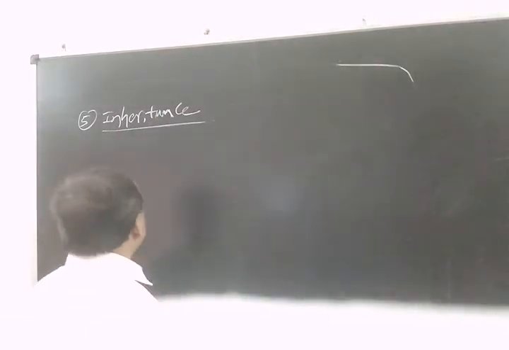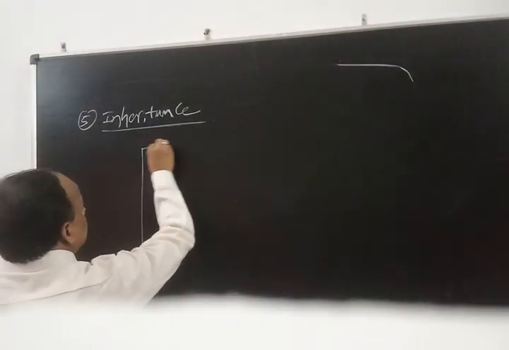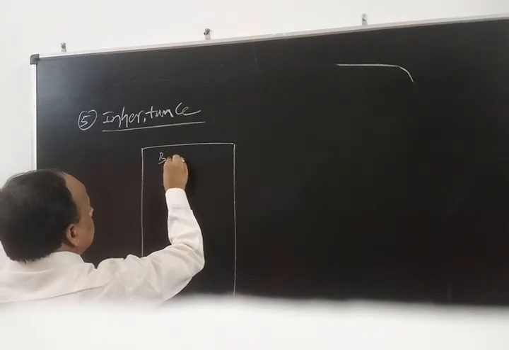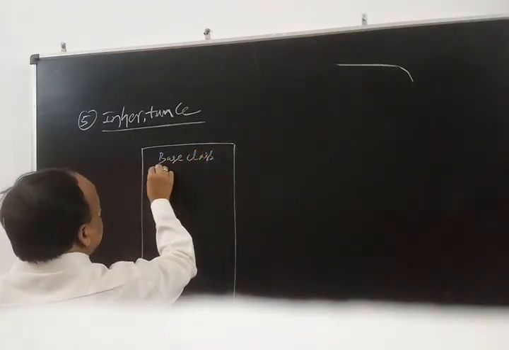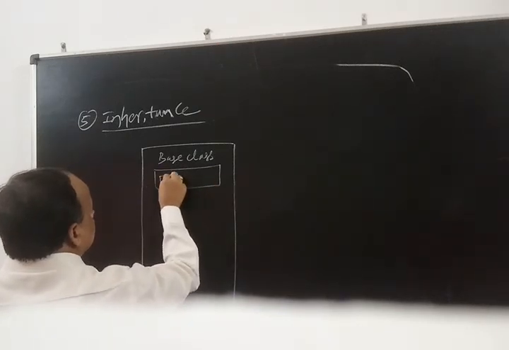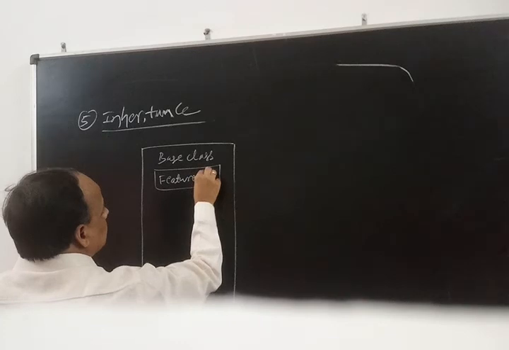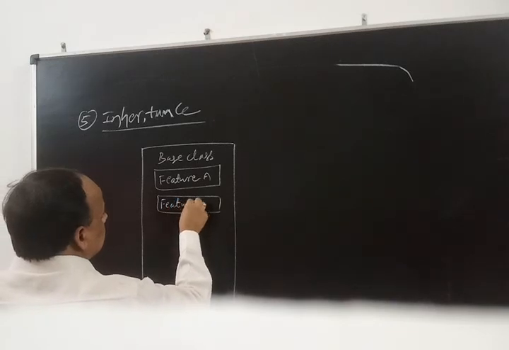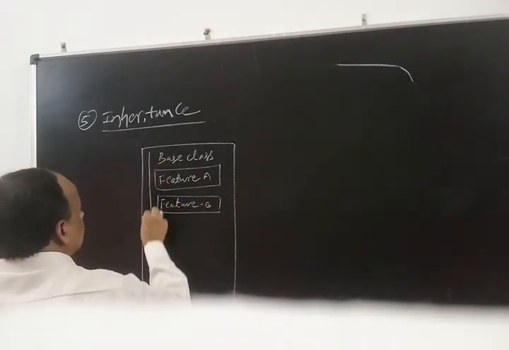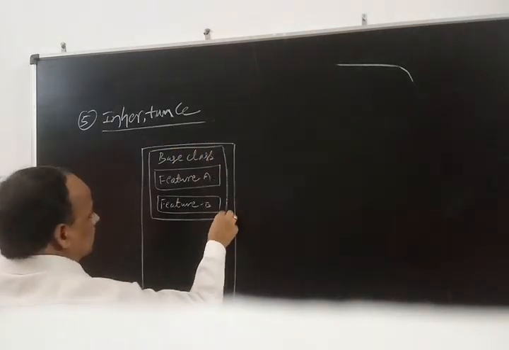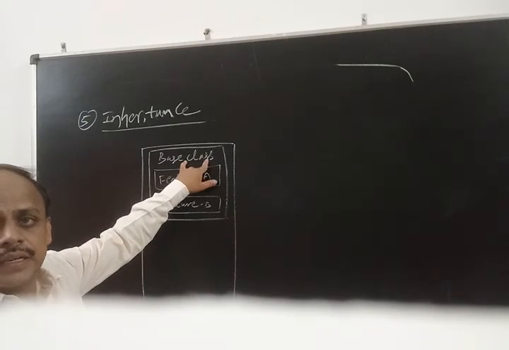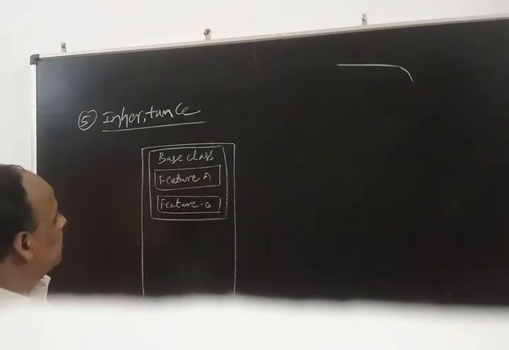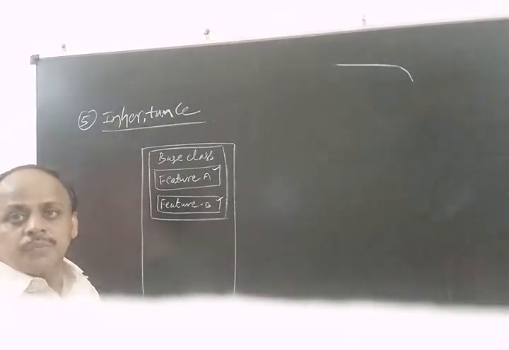For example, this is a base class. Let us assume that this base class has two features, A and B.